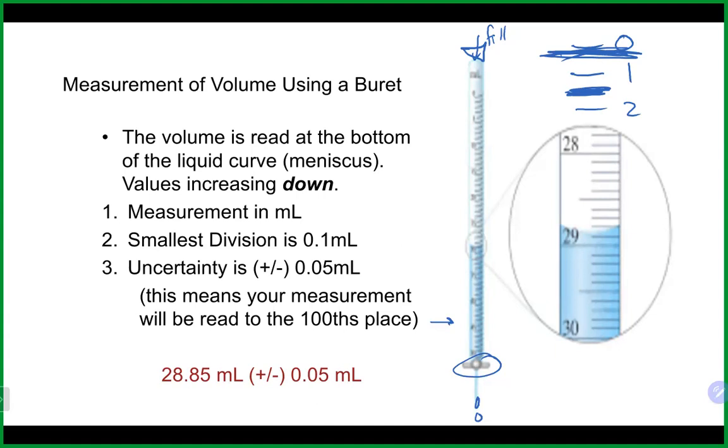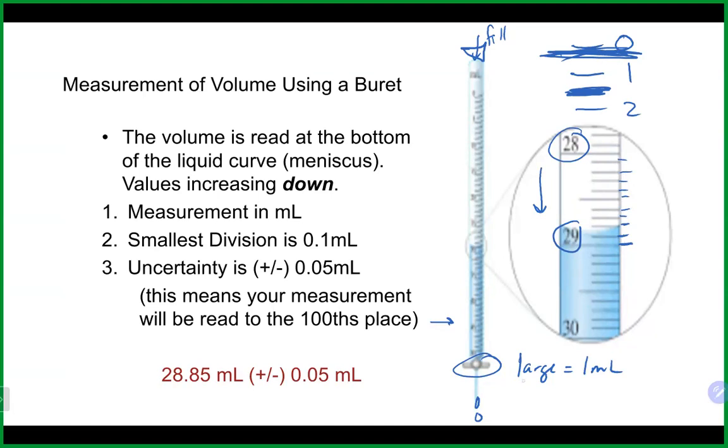So if we look at this one here, we have 28 here, and we have 29 here. Again, you can see it's increasing as you go down. And the difference of our large marking is 1 milliliter. That means we have 1, 2, 3, 4, 5, 6, 7, 8, 9, and since I'm counting downwards, 10 right there.